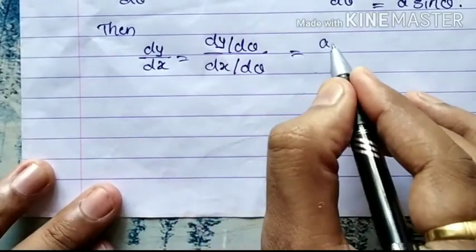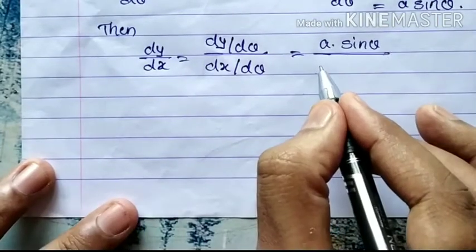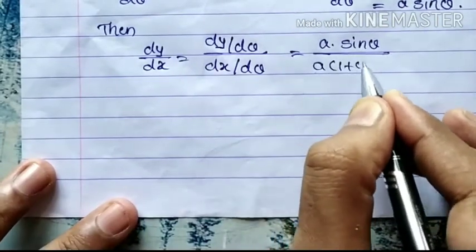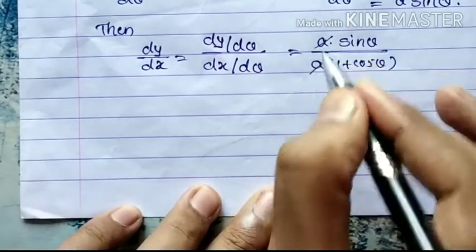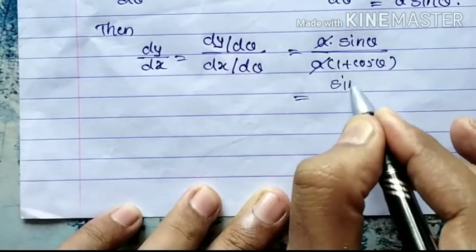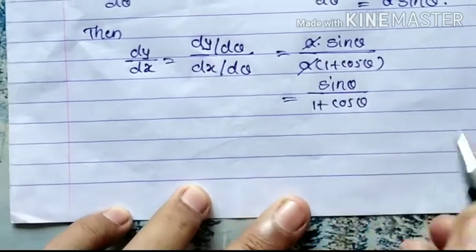This is equal to a into sine of theta, which is the value of dy by d theta, and this is a into 1 plus cos of theta, which is the value of dx by d theta. A will be cancelled, so the answer is sine of theta divided by 1 plus cos of theta.